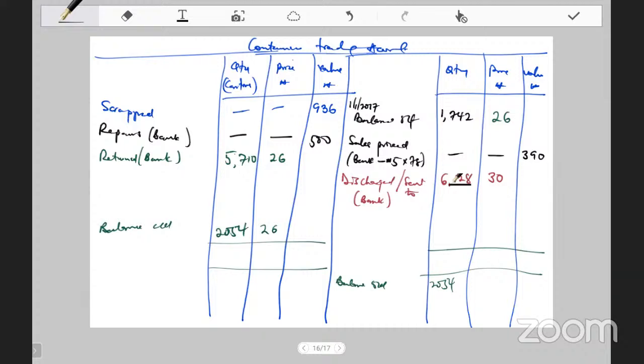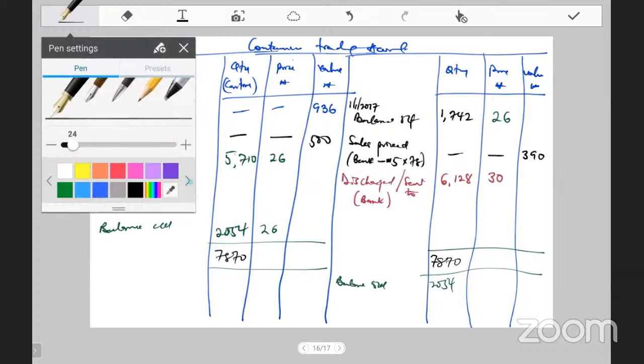The two values here, can you give me the addition? 7,870 naira. Now, class, they've returned 5,710, and they are yet to return 2,054.